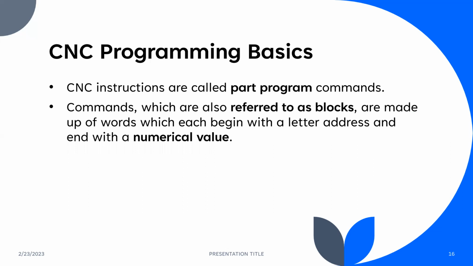Capital N means it refers to a block. After all the letters we include a numerical value. Already I told you G code is there: G001, G002, G003, like that. So after all the capital letters we add the numerical values.